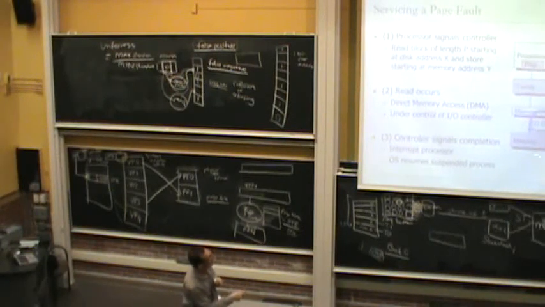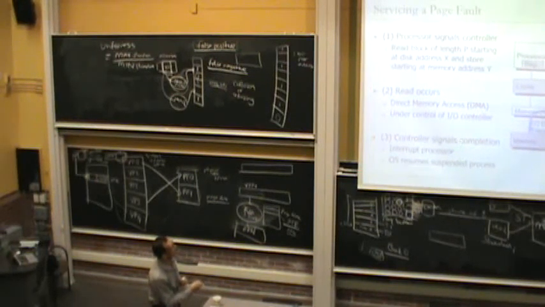This is done by having multiple controllers involved. You need to go through the I/O controller to access the disk, and the disk usually uses the direct memory access mechanism through which it sets up a transfer of that whole page from the disk into memory.